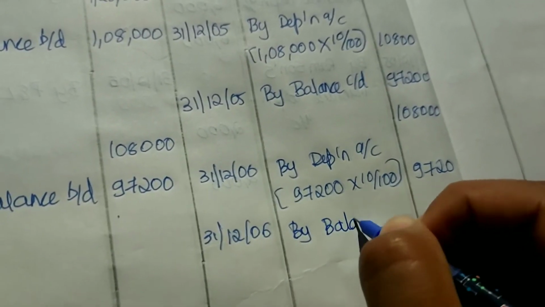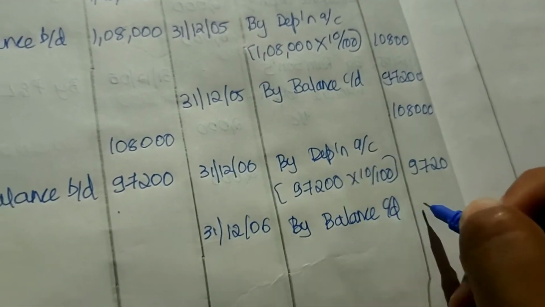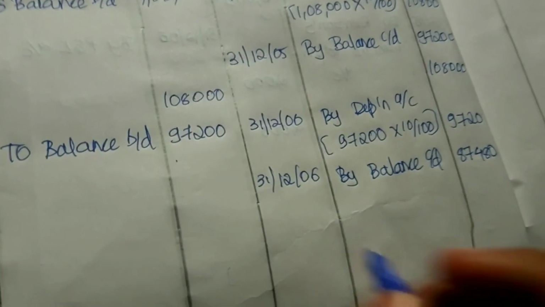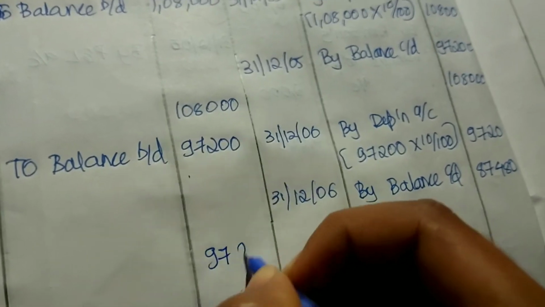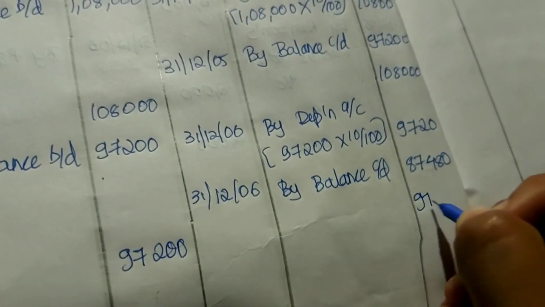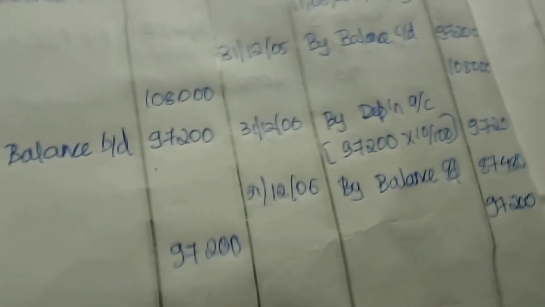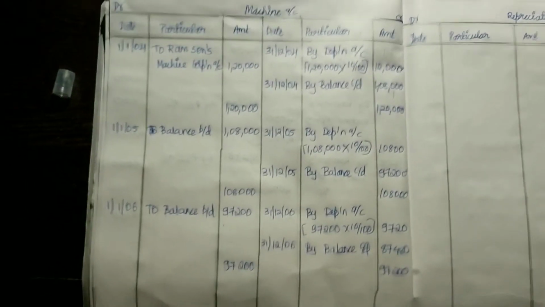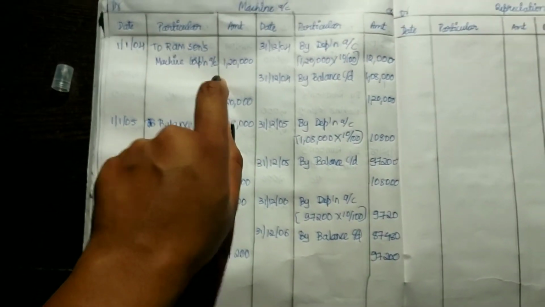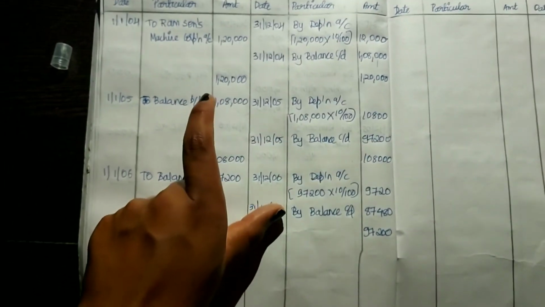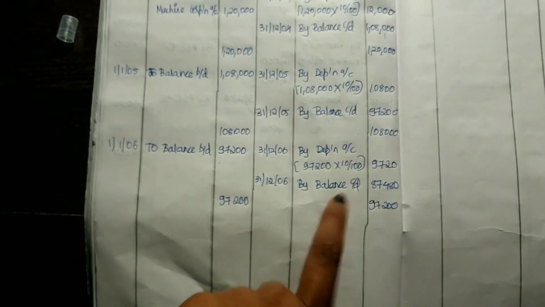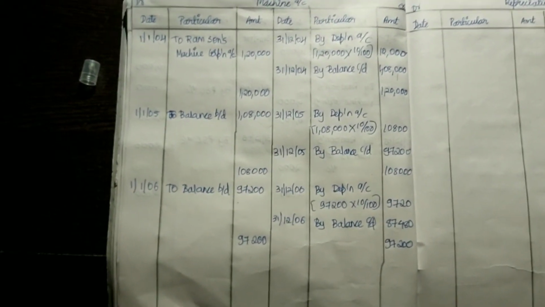You'll get the balance as balance carried down, 87,480. Now write the total, that is 97,200, 97,200. Now it is tallied. Now you can see the machine account: the value of the machine, the present year's depreciation and the balance. So this is the machinery account.